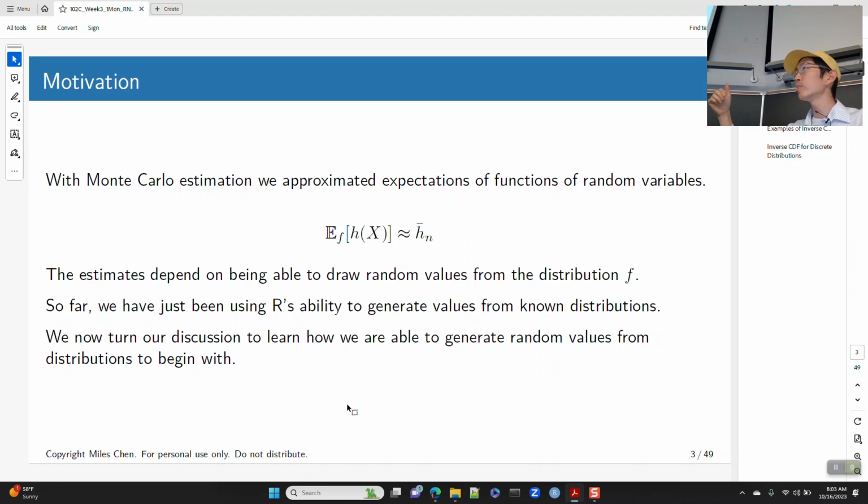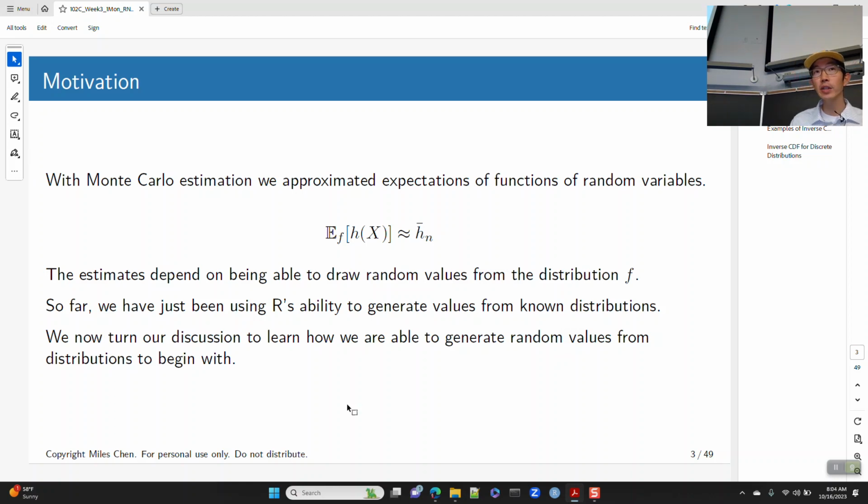But today we'll look at this: if there's some PDF that we don't know how to generate values from, can we still try to generate values from that? That's what we'll look at today.